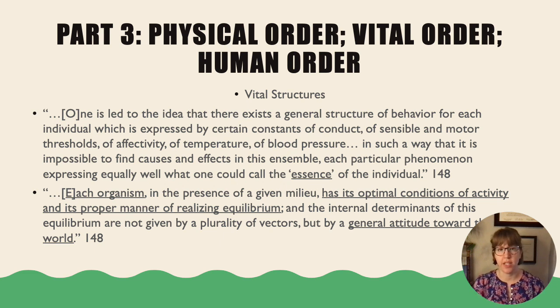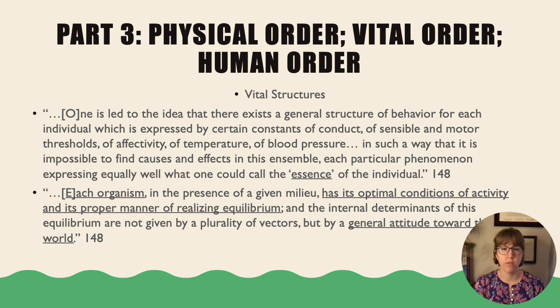One is led to the idea that there exists a general structure of behavior for each individual, which is expressed by certain constants of conduct, of sensible and motor thresholds, of affectivity, of temperature, of blood pressure, in such a way that it is impossible to find causes and effects in this ensemble, each particular phenomenon expressing equally well what one could call the essence of the individual.